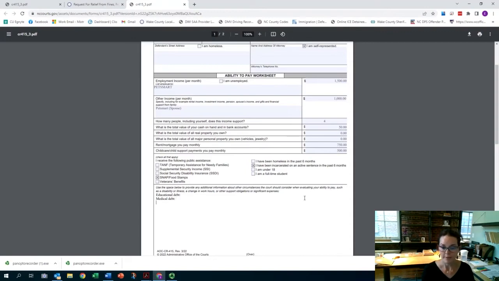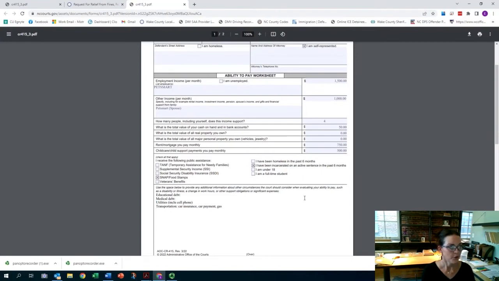I would also recommend that you include how much you pay for utilities. That includes your cell phone. I would also recommend how much you pay for transportation. So in that block, you would include how much you pay for car insurance, if you have a car payment, how much you pay for your car payment, and how much you would spend on gas or fuel.